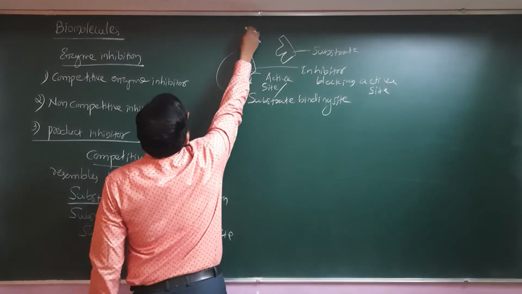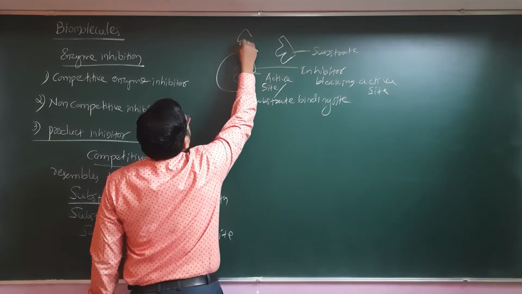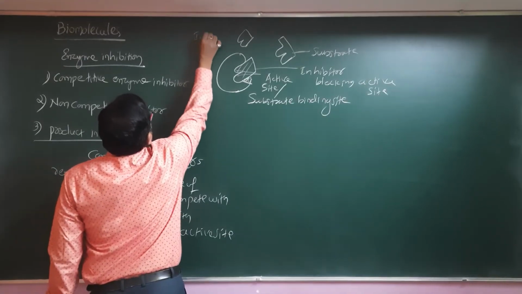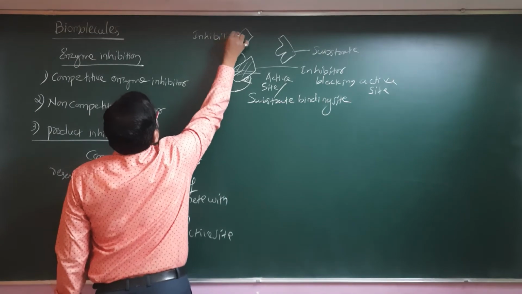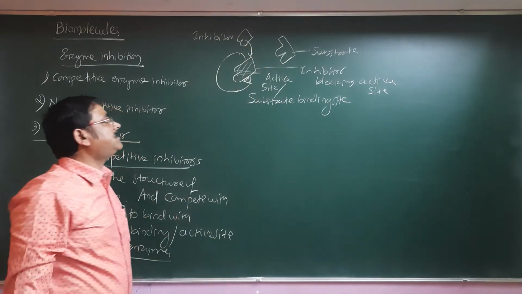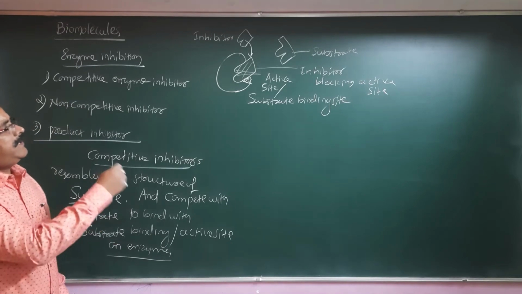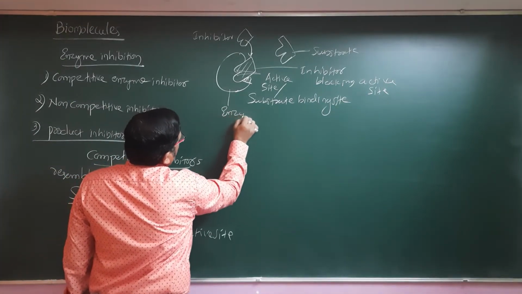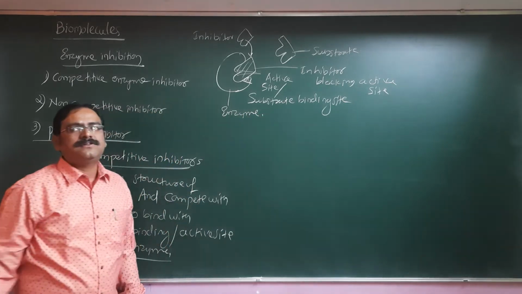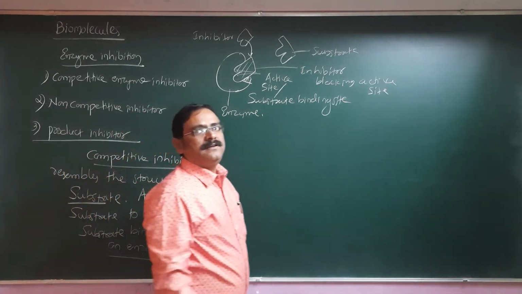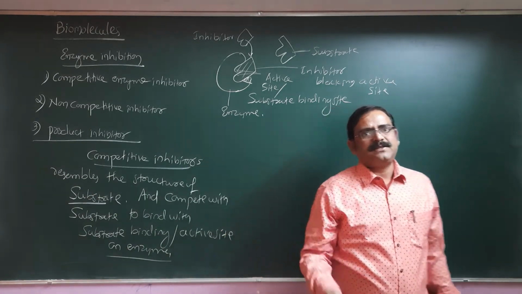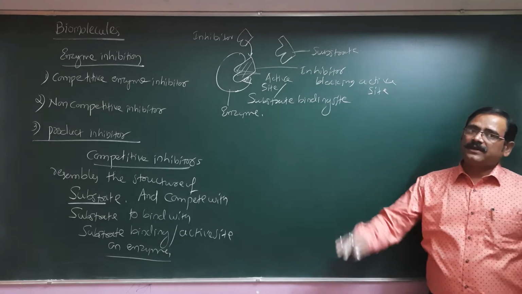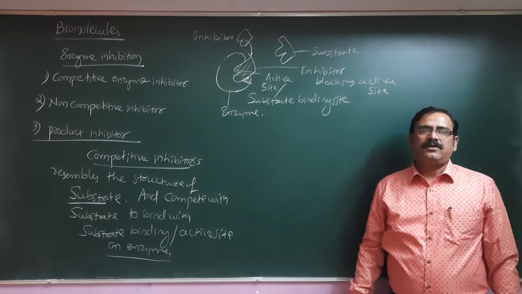Why? Because the inhibitor has a close resemblance to the substrate. So the inhibitor competes with the substrate to bind with the binding site or active site of the enzyme. It keeps on blocking all those active sites and doesn't allow the substrate to bind, so there is hindrance in the conversion of substrate to product.